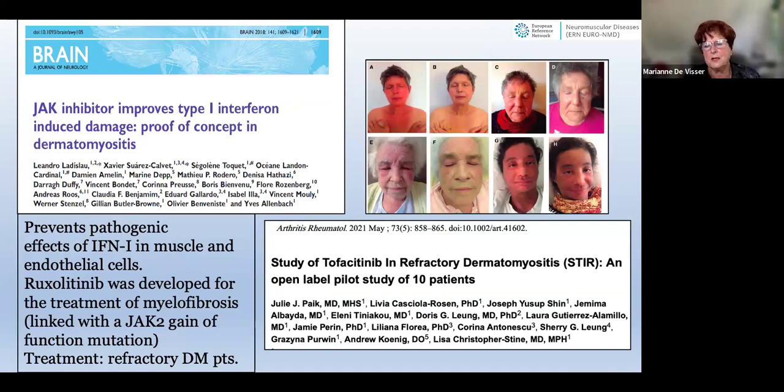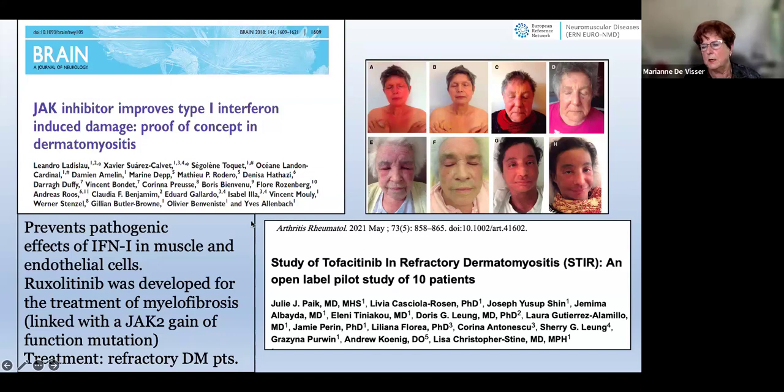Ruxolitinib was developed for the treatment of myelofibrosis and was administered in a pilot study by Olivier Benveniste from Paris in 4 refractory patients. And as you can see here in the lower row, they did quite well on this drug. This was a proof of concept study.